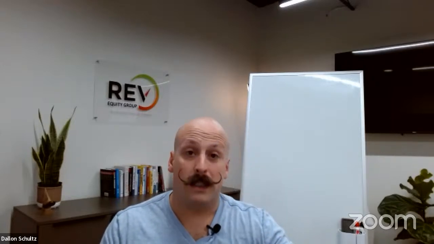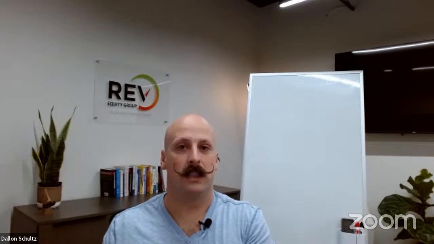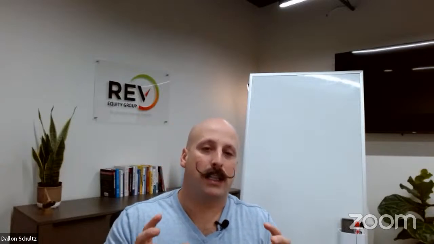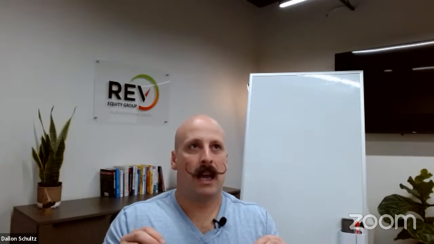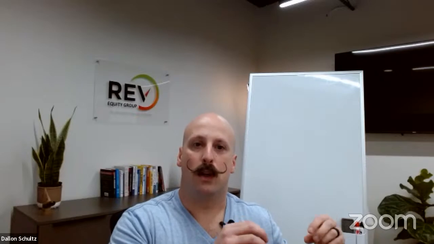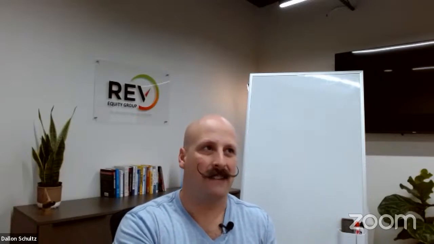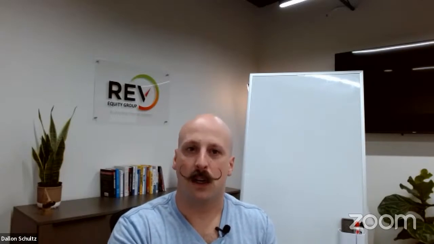So what we're going to be talking about today is GP versus LP, general partner versus limited partner. That term is used quite frequently, but in full disclosure, those terms are used when people are purchasing real estate in a limited partnership, which is not done very often anymore.